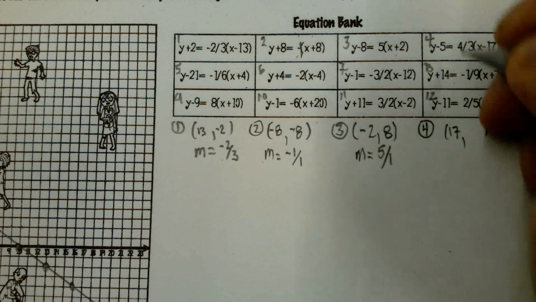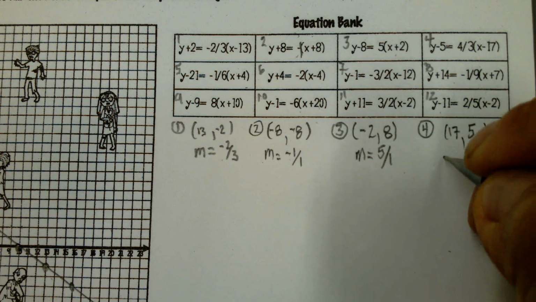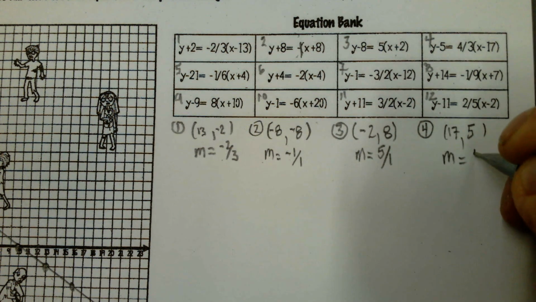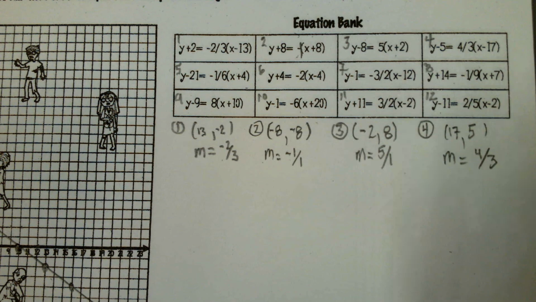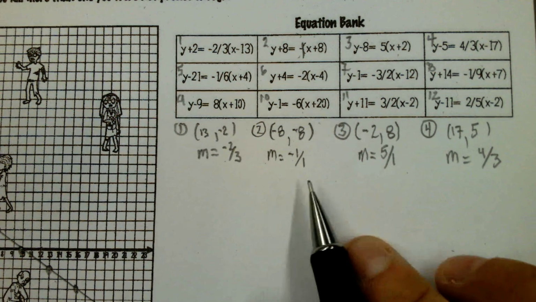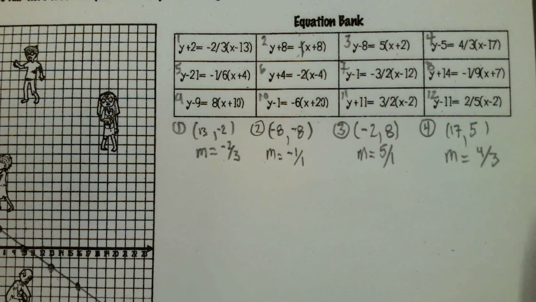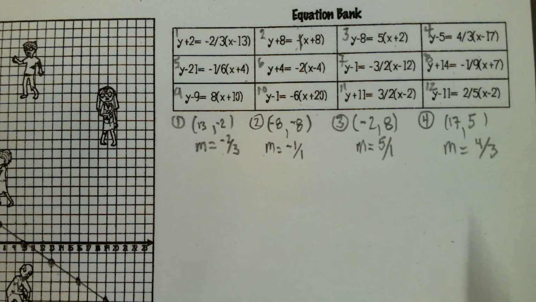Minus 17, so it's 17 here, minus 5, so it's 5 there. And the slope is 4/3. Okay, so far we've had 2 negative slope lines, 2 positive slope lines. So let's go ahead and graph this.